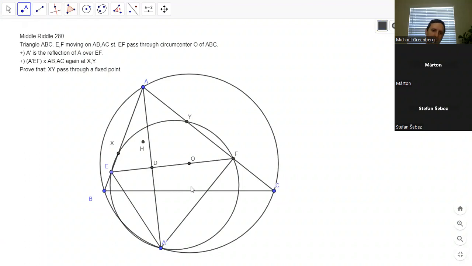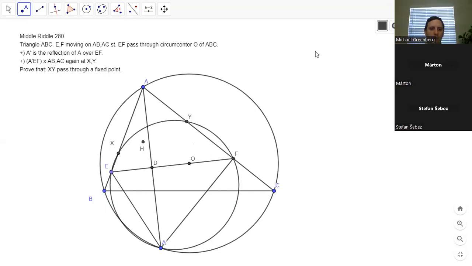We know AO and AH are orthogonal. I wonder, and we know AXY and AEF are similar. So basically we want to show that O and H are corresponding points on triangles AXY and AEF. So I guess another way to say this is in triangles AXY and AEF, we want to show the similarity ratio is AH over AO.